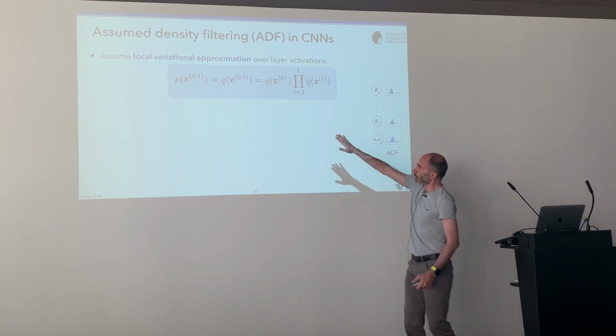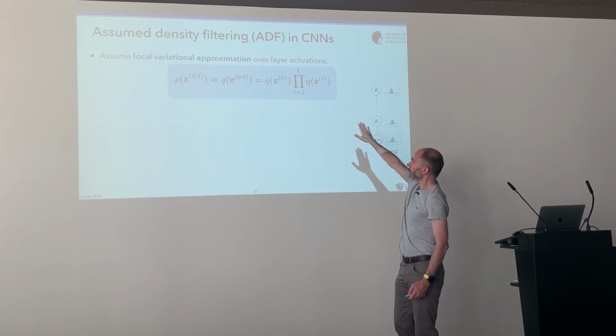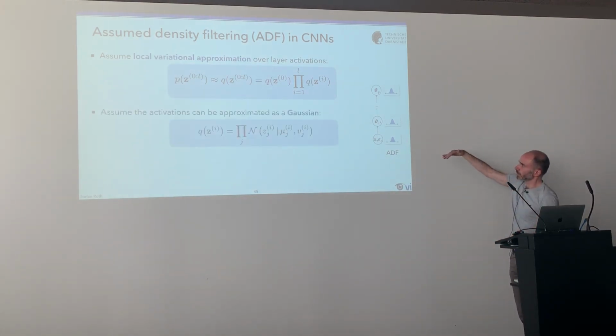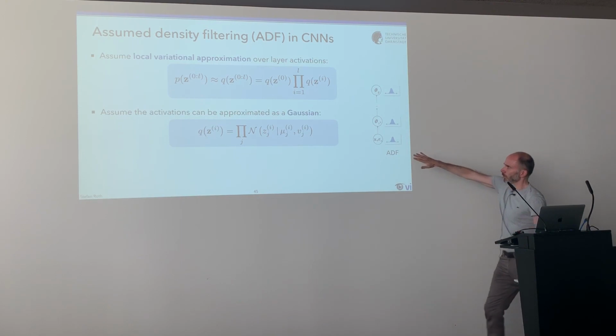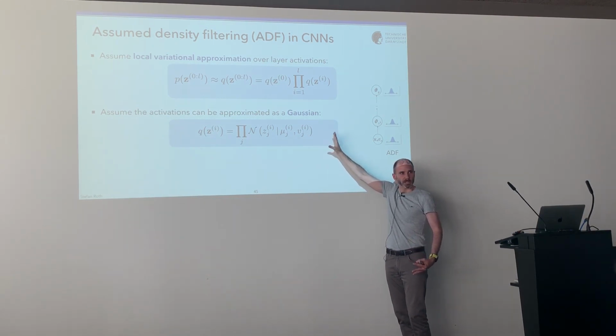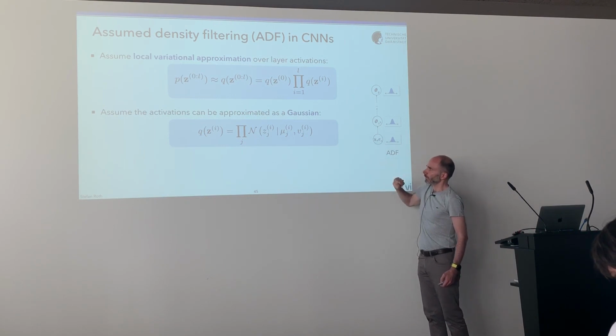I'm assuming that my overall activation distributions can be approximated by a simple factorized distribution over the different layer activations, where each layer activation is approximated as a Gaussian distribution. Okay, I know that it's a multimodal distribution, but I don't know how to represent it, so I'm assuming that every layer has a Gaussian activation distribution. Okay, and now the question is, can I find the right mean and variance parameter of that activation distribution?